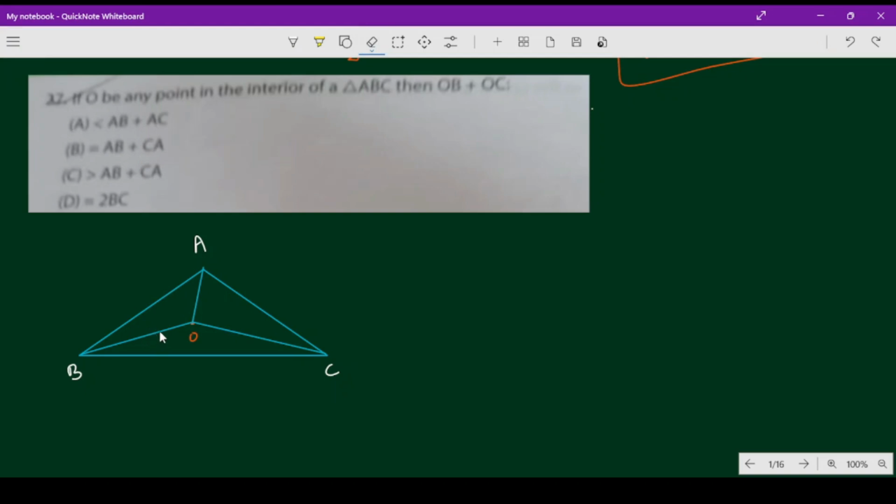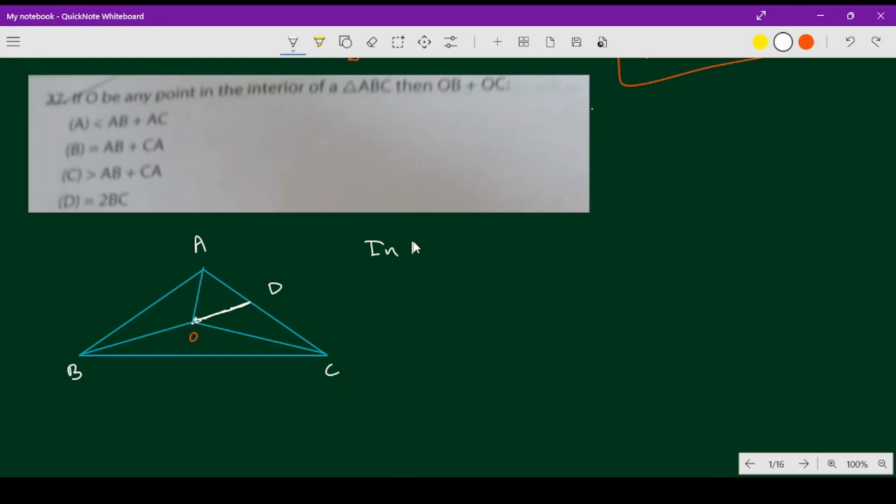If we are going to apply the triangle inequality on this triangle, I'm trying to extend this OB to a point D over here. By doing that, we can now use the triangle inequality in this triangle ABD.